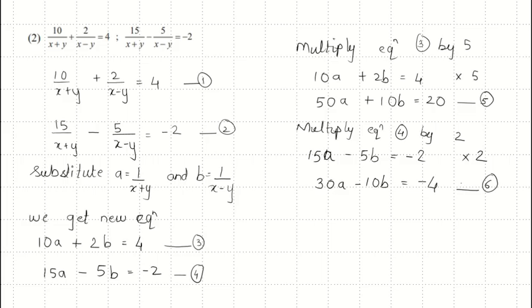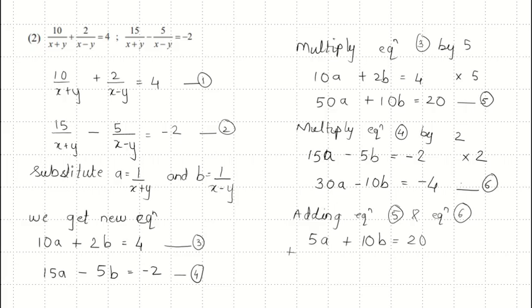Now if you see equation number 5 and equation number 6, we have 10b common in both the equations. So this becomes easier for us to add or subtract. Let us add it because both have opposite signs here, so addition will become easier. Adding equation 5 and equation 6. What is equation 5? 50a plus 10b is equal to 20.